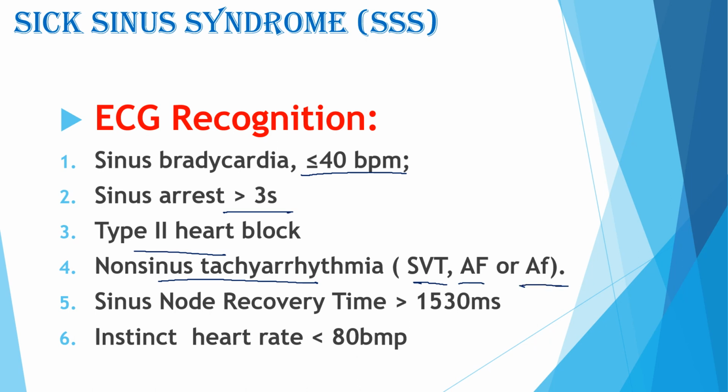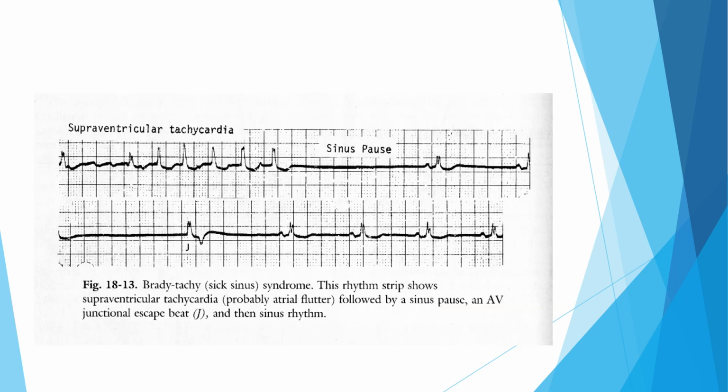Then sinus node recovery time is more than 1530 milliseconds and intrinsic heart rate less than 80 beats per minute. These are the ECG findings when a patient has sick sinus syndrome. This graphical picture shows supraventricular tachycardia as well as sick sinus syndrome.